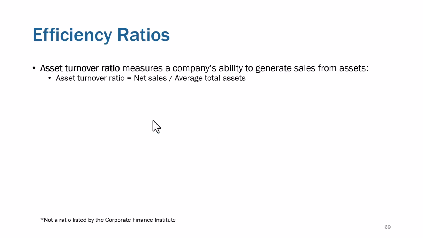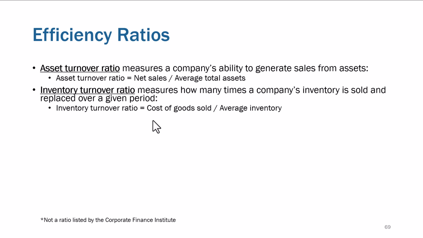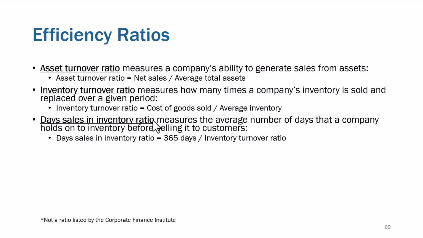Now, the efficiency ratios, we've got things like asset turnover ratios. Can we generate sales from our assets? Inventory turnover ratio, which is comparing cost of goods sold to average inventory. And then the one that I prefer to do is the days sales in inventory ratio, where you take 365 days divided by your inventory turnover ratio.